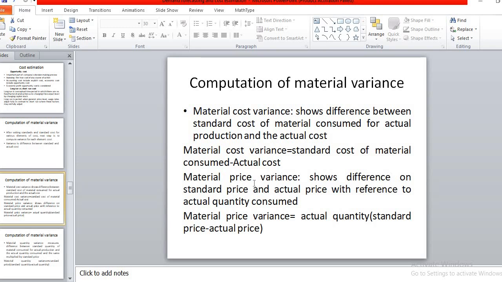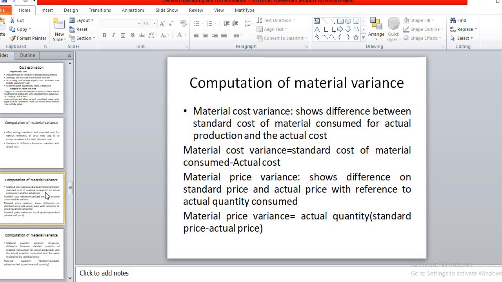Similarly, these variances we consider for the material: material cost variance, material price variance and material quantity variance. Material cost variance is the difference between standard and actual cost, related to material consumption, the standard consumption and the actual consumption for that production.